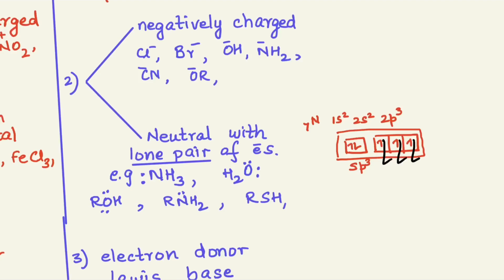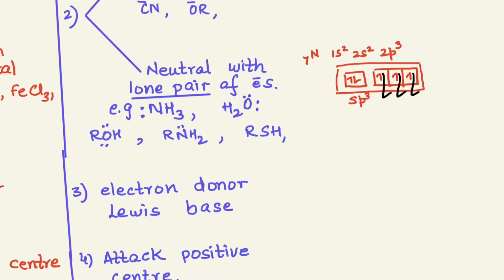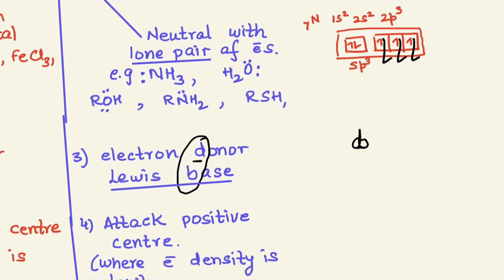They are very nice. So that means they are electron donors. And what is a donor? An electron donor becomes a Lewis base. I'm not going to say it only as a base, again, because we are talking about electron donation over here. Hence, they are Lewis bases.